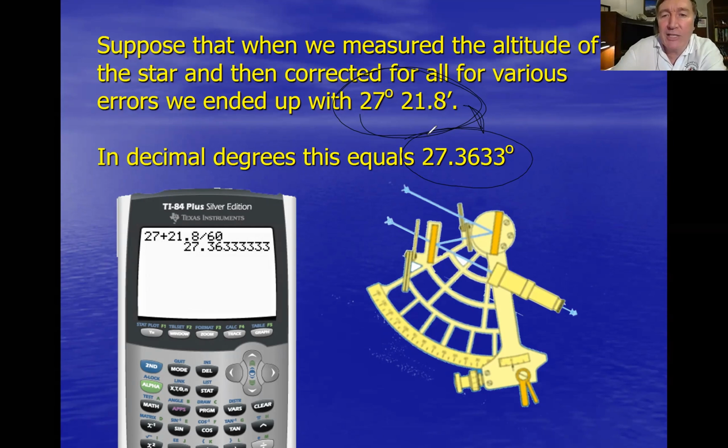The way we convert it into decimal is, you remember that 60 minutes equals 1 degree.